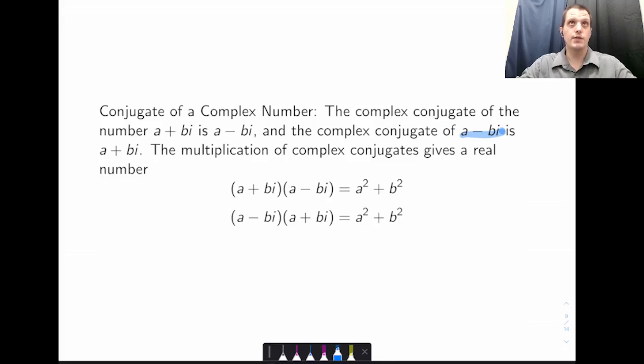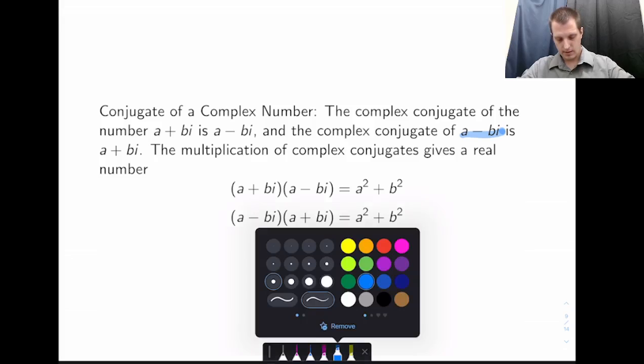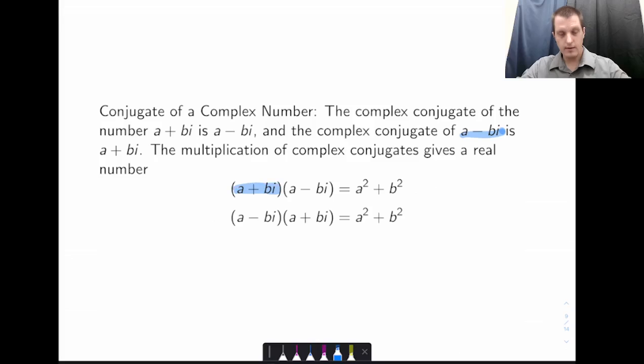The multiplication of complex conjugates gives a real number. So in this case, notice how we have a complex number. We're multiplying it by a complex number, and we end up with just a real number. There's no i's there. And let's just quickly do this once.